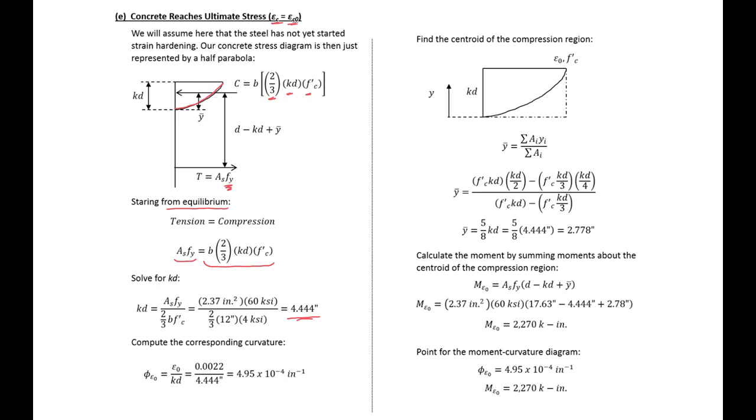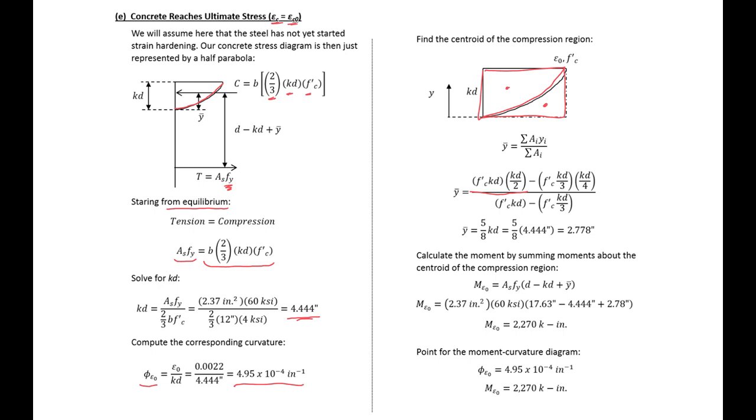We can see then our curvature. Our curvature is just our top strain divided by KD, and we'll get a curvature value. We also need to find the centroid of the compression region so that we can find our moment. Finding our centroid again, we will take this rectangular area and then subtract off the centroid of this inverse parabola here, to find the centroid of our overall section.